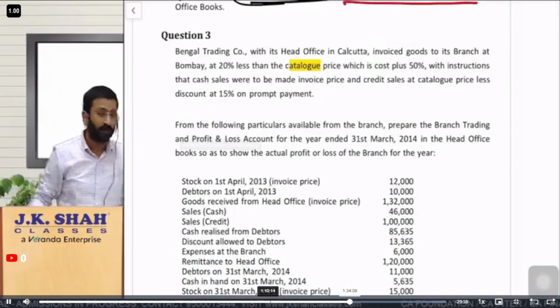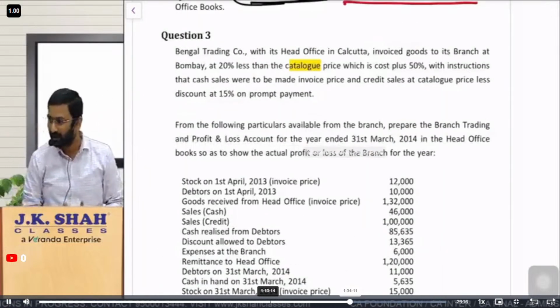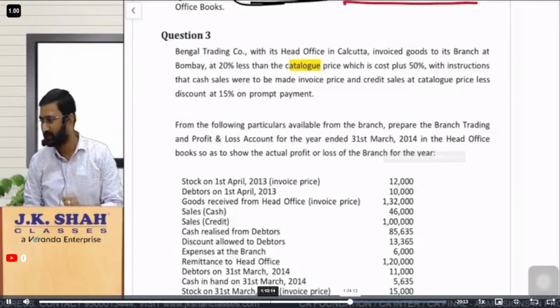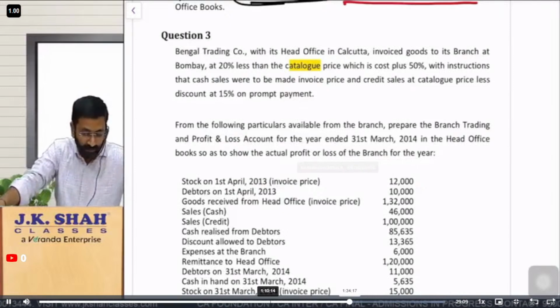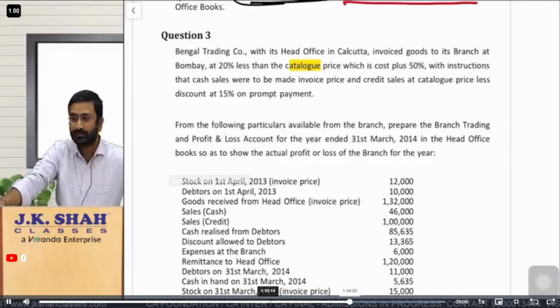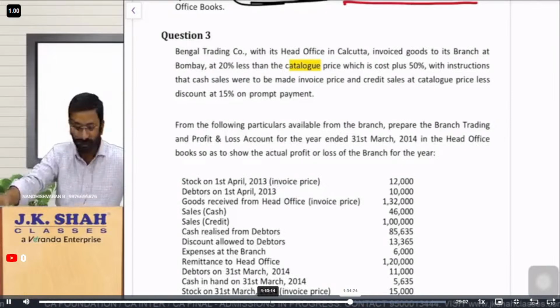Start. Give your 100% raw. I understand that you guys are mentally tired, but still, you don't have an option. Please give your 100%. Question number 3. Someone read the question. Manav, read the question.